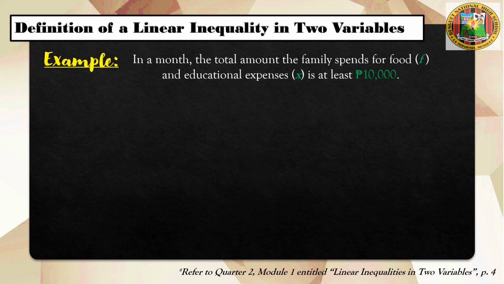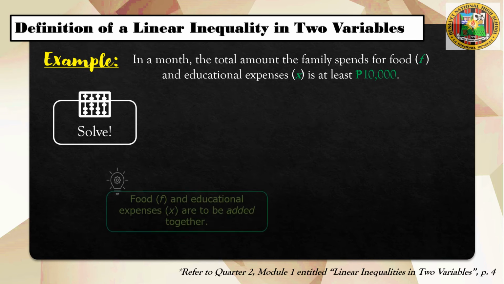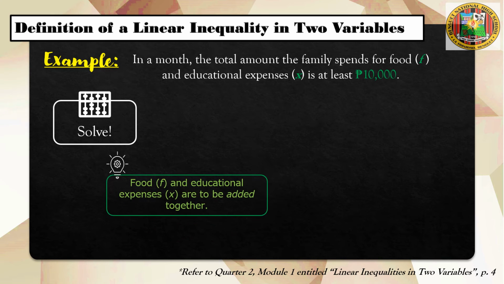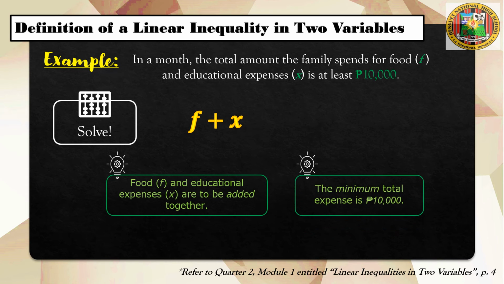Let us now solve for the statement that best describes this situation. First, we know that the two variables F and X are to be added together to represent the total amount of food and educational expenses. Next, we know that the minimum expense to be had is 10,000 pesos.